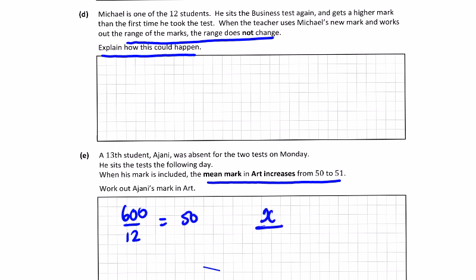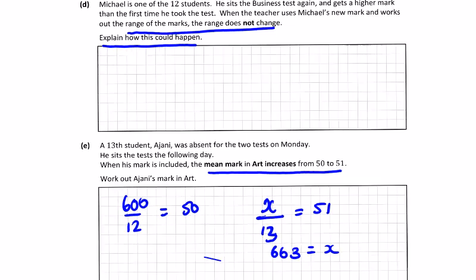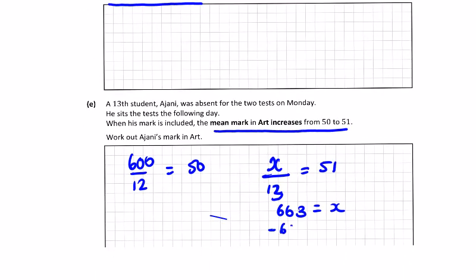We're saying x divided by 13 is 51. So 13 by 51 is 663, equal to x. Just seeing my mistake, it's going to be 13, so not 612. So he must have got 63%, take away the 600, and he got 63% in art. So a bit of a challenge to the stem and leaf question.